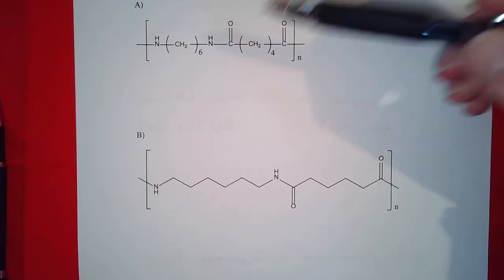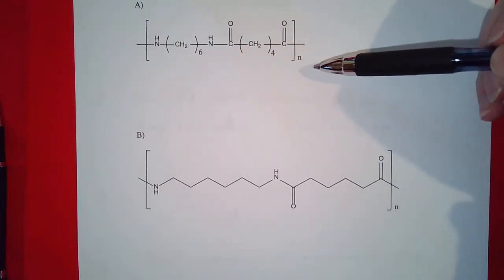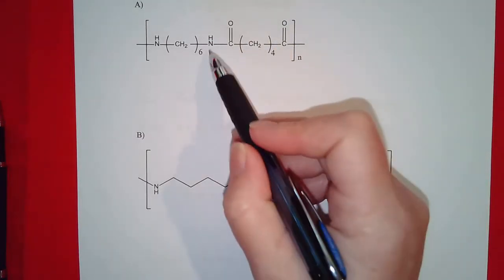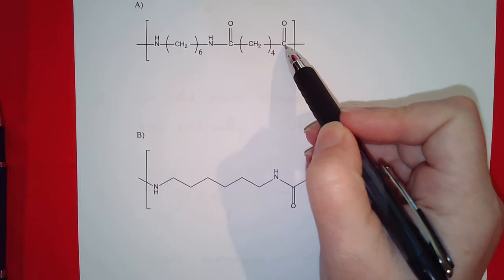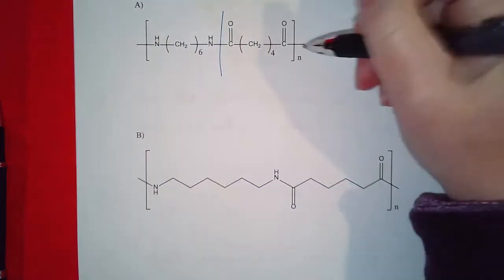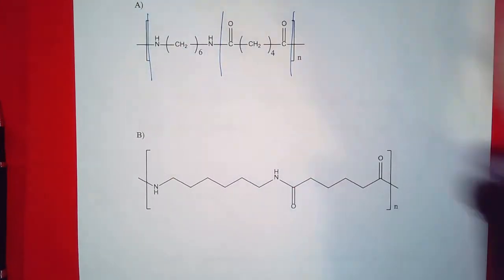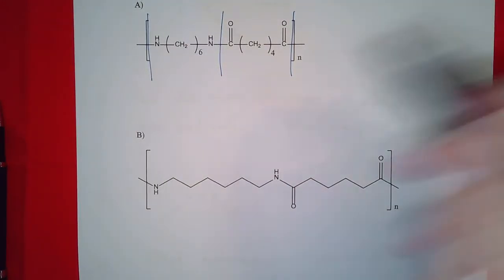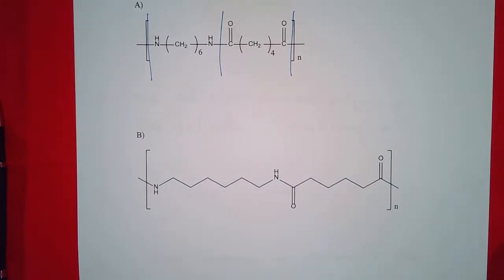Okay, when I do these types of problems, I find where's the linkage and what is the linkage. So here is an amide linkage, and the second amide linkage is the wraparound. So if I slice that one in half and I slice the second one in half, I can quickly see I have 2 pieces. So this was made from 2 monomers. So it was an A-A plus B-B type polymerization.